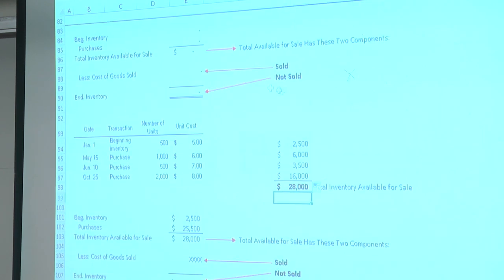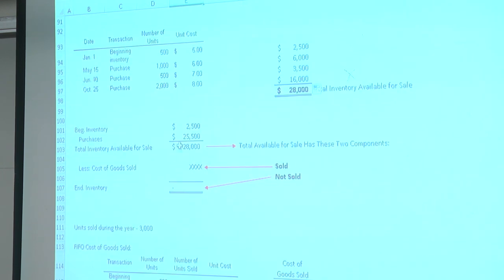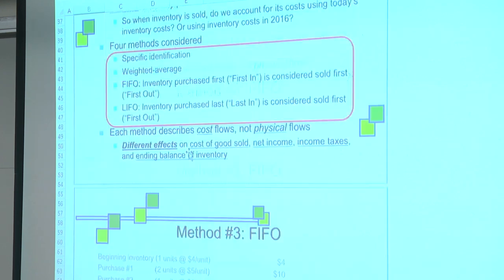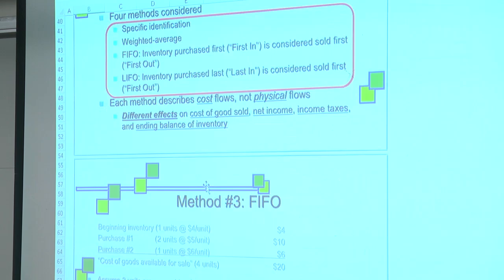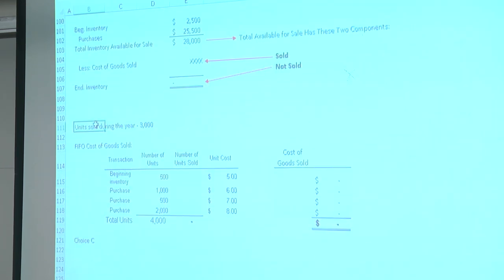Now, that entire $28,000 is going to go either to cost of goods sold or ending inventory. So the next step, we have to look at the units sold during the year to figure out, as the question is asking, our cost of goods sold using the first in, first out method. We sold 3,000 units during the year.